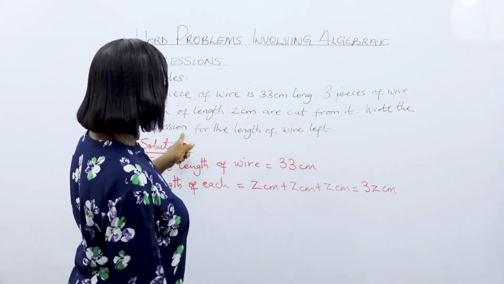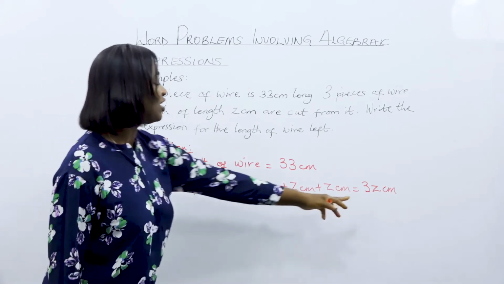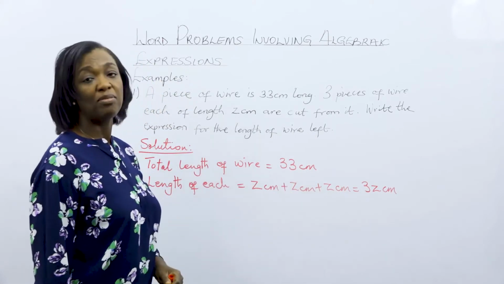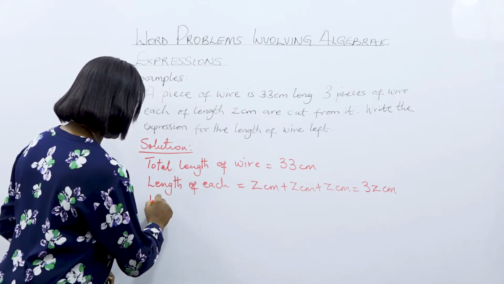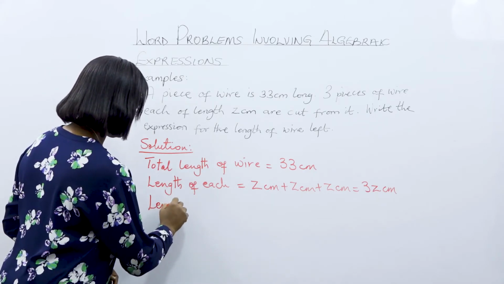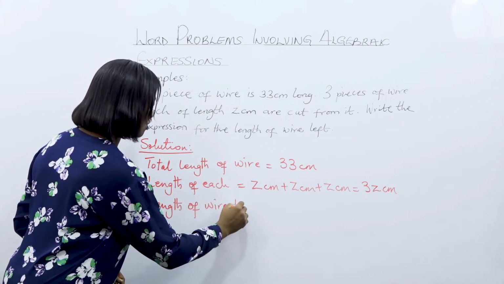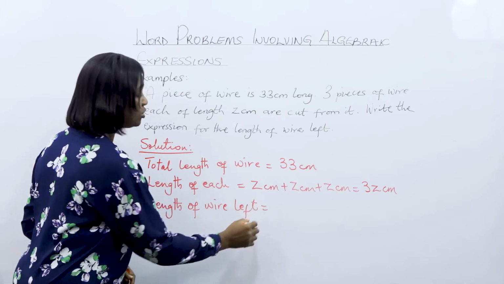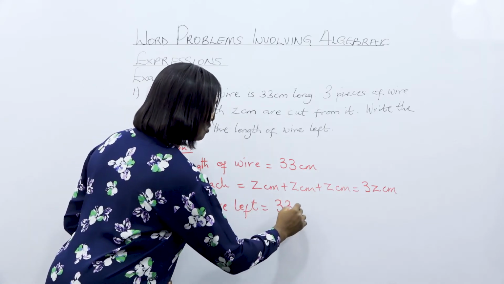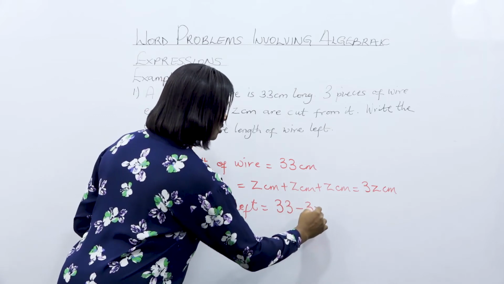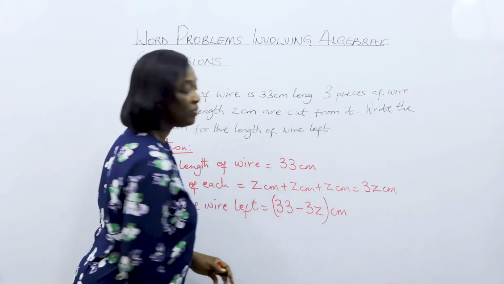Write the expression for the length of wire left. So what will be left after 3z is taken from 33? Length of wire left is equal to 33 minus 3z centimeters.